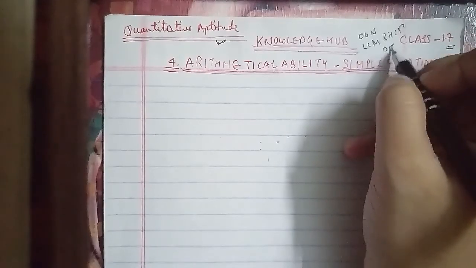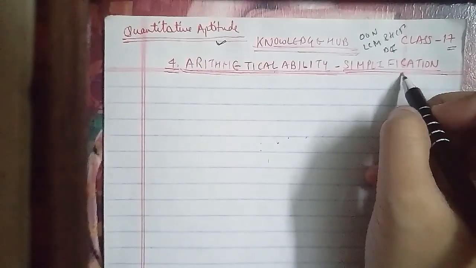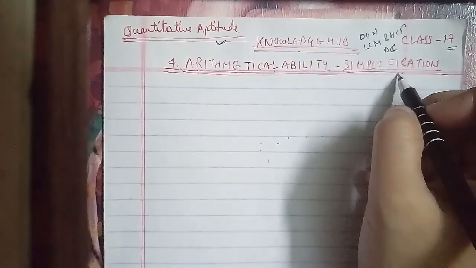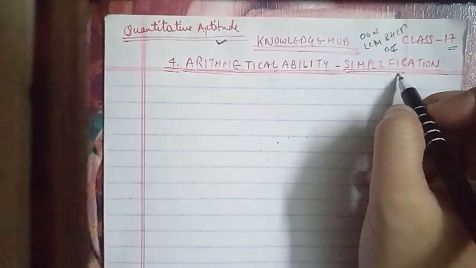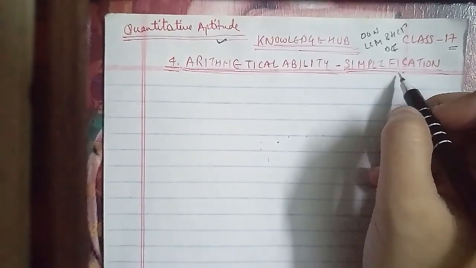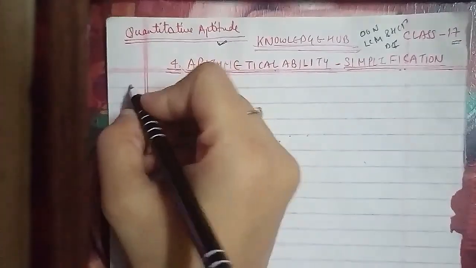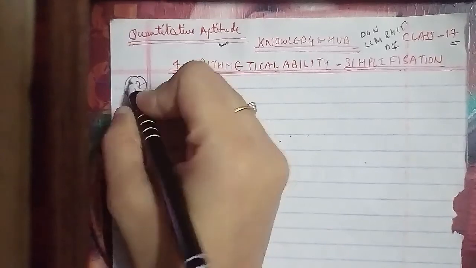Now we are dealing with simplification, the fourth topic of the session. We completed the 26th question in the last class, and now we'll start with the 27th question of the session.